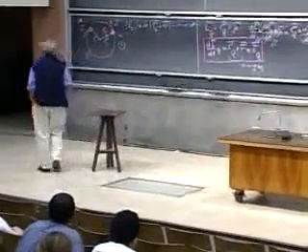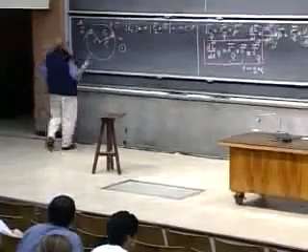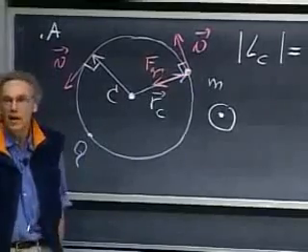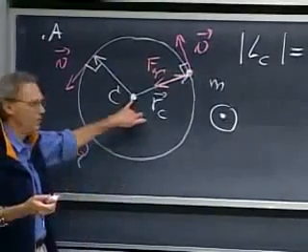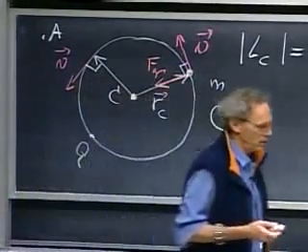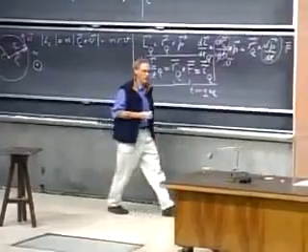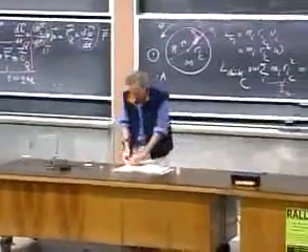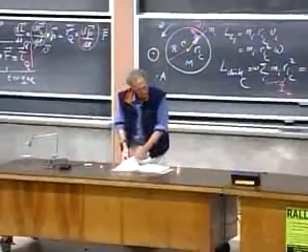If you want to talk about the orbital angular momentum of the Earth, however, you better do it relative to that point. Otherwise, it would be changing in time. It's only uniquely defined if you take this special point. Because only about that point, which is the location of the sun, is the orbital angular momentum of the Earth not changing.